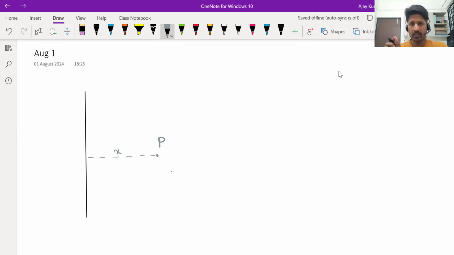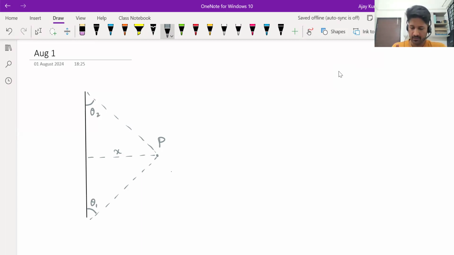When you connect the point P to the ends of the wire, like this and like this, the angles subtended by those connecting lines with the wire are theta 1 and theta 2.